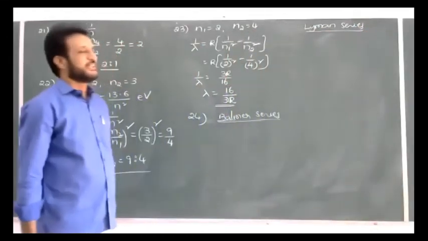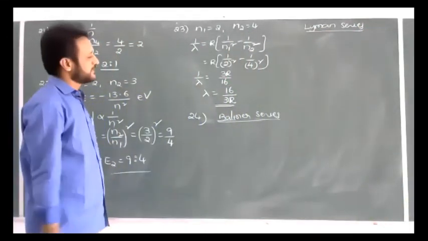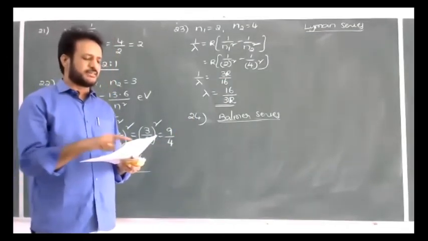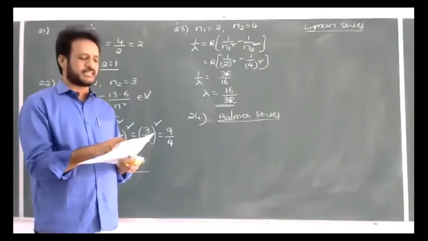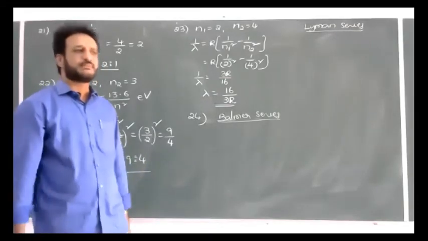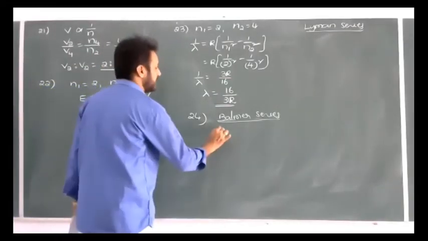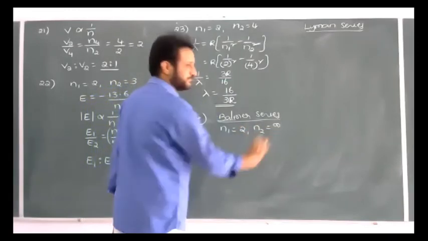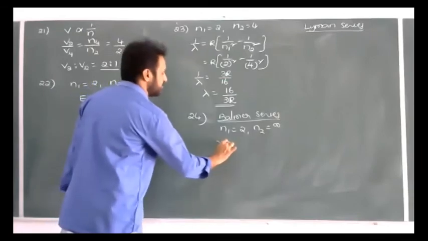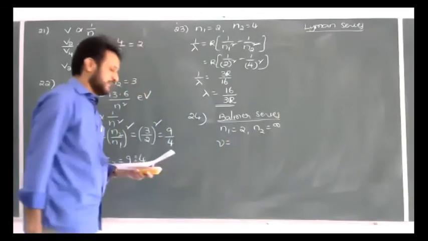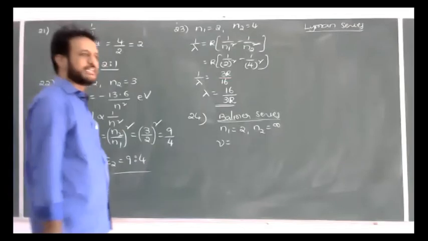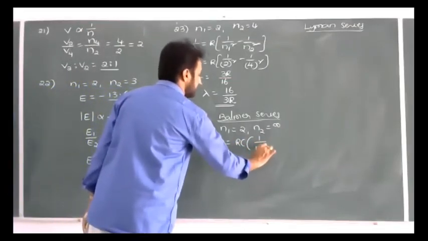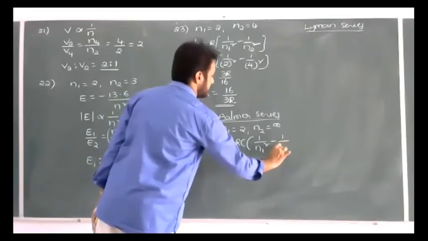Check here. They asked the ratio of the frequencies of the shortest wavelength of the Balmer series. So shortest wavelength of the Balmer series means we should take n1 is equal to 2 and n2 is equal to infinity. Now we know the frequency formula, nu is equal to, for hydrogen atom Z is equal to 1, RC into 1 by n1 square minus 1 by n2 square.